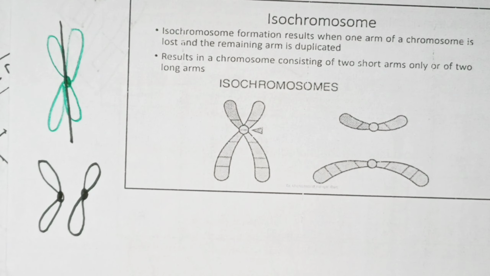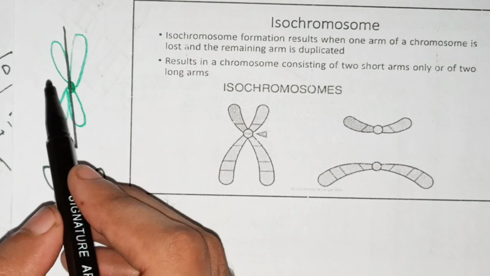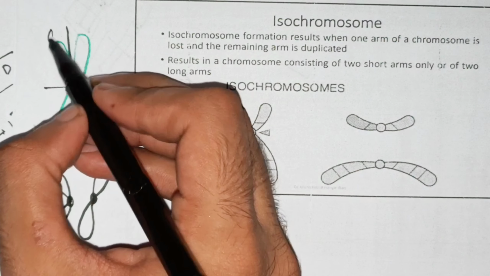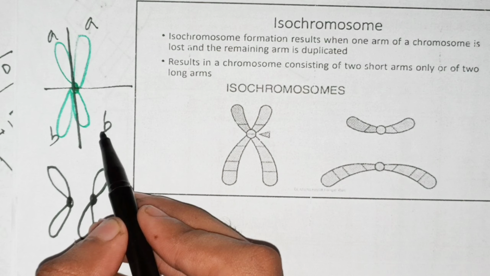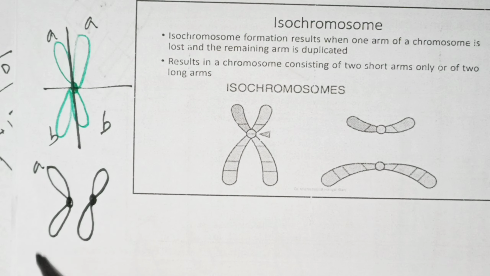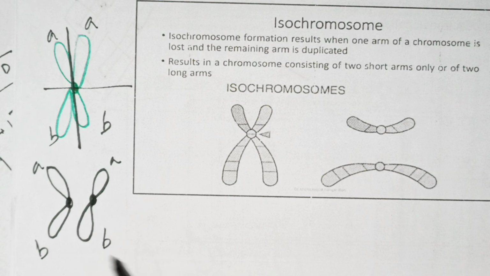But let me tell you what happens that will lead to isochromosome. अगर इसमें बेटा वर्टिकल की जगह पे कुछ जैसे हॉरिजॉन्टल डिवीजन हो जाए। If let's suppose this is arm A, this is arm A, this is arm B, this is arm B. Normally when there is vertical division, a chromatid receives arm A and arm B. This chromatid also receives arm A and arm B, okay.